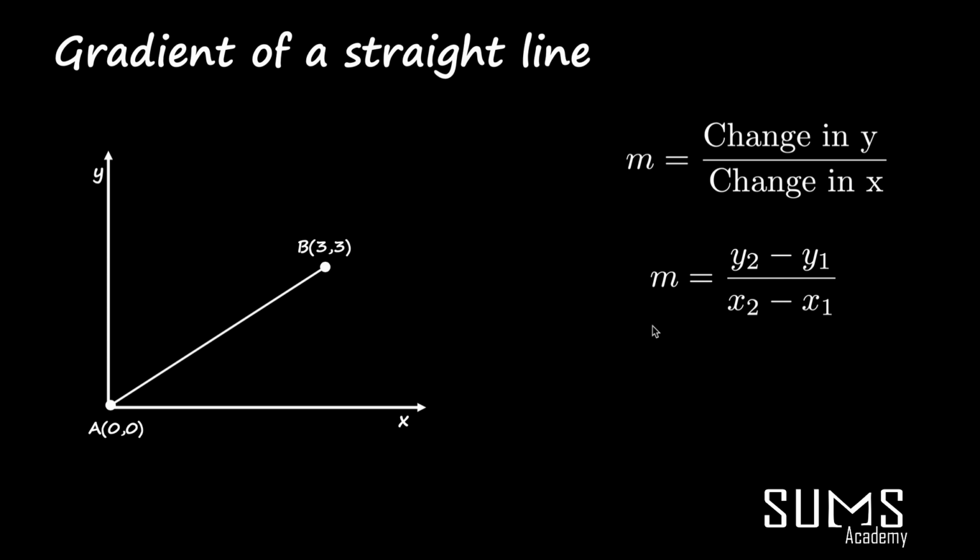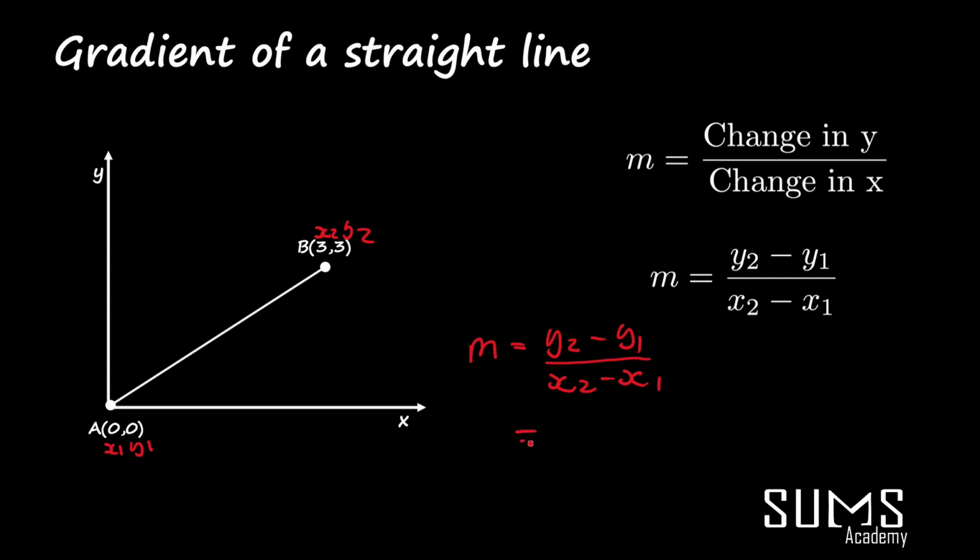So take a look at this really simple example here, where we have the points A and B, where A is at the origin and B is at the point (3, 3). So we can take this equation where m equals (y2 minus y1) over (x2 minus x1), and we'll label these x1, y1, x2, y2.